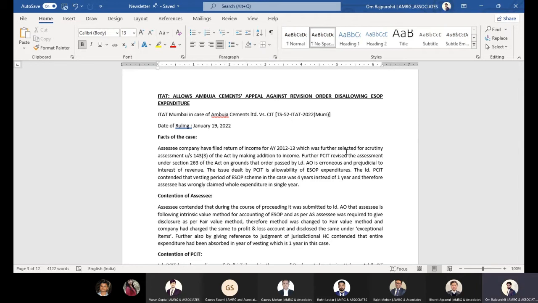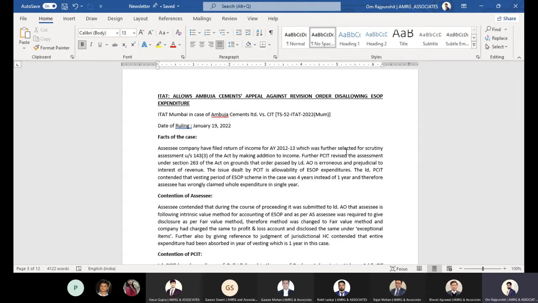The contention of SSC was that during the course of the ESOP period, the ESOP should be provided at fair market value, whereas earlier the company was following the intrinsic value method.